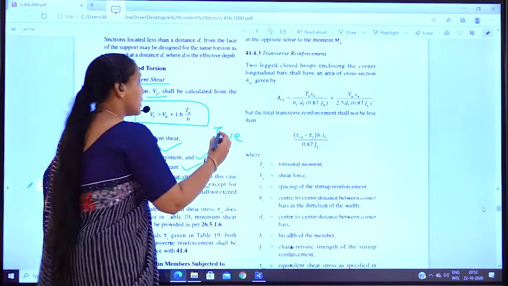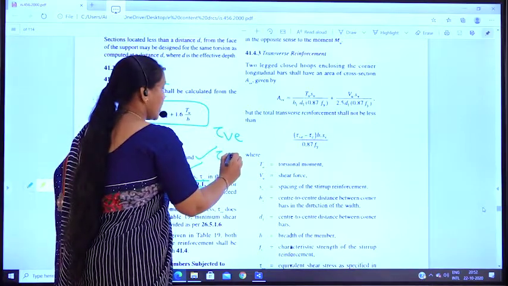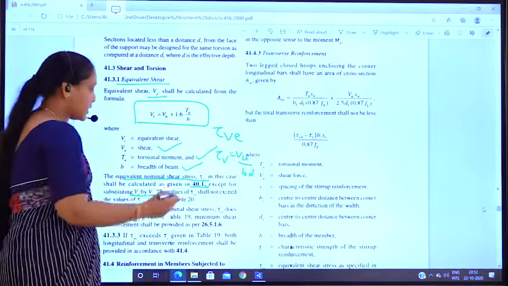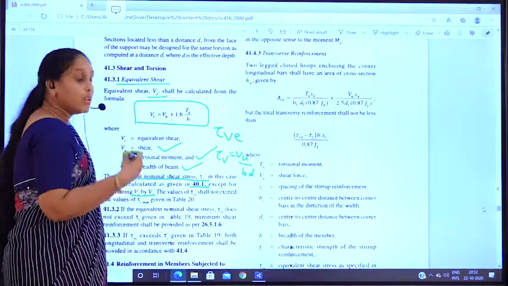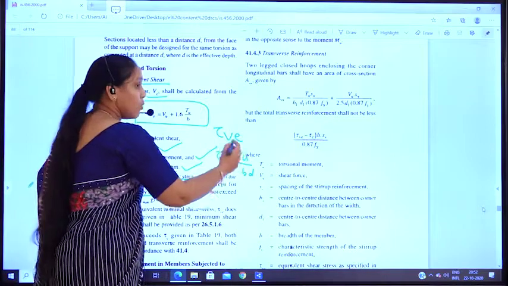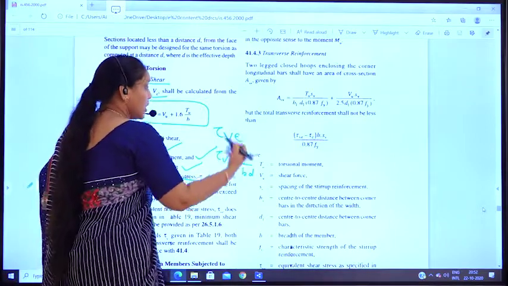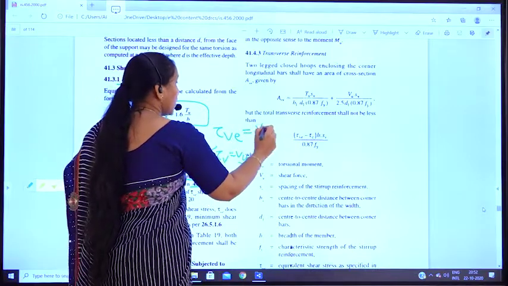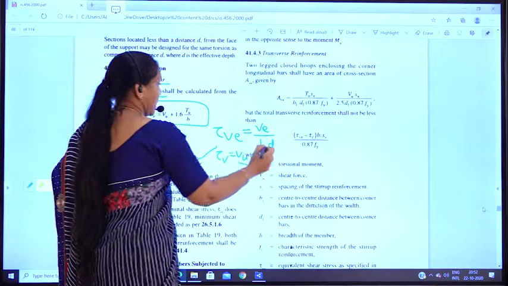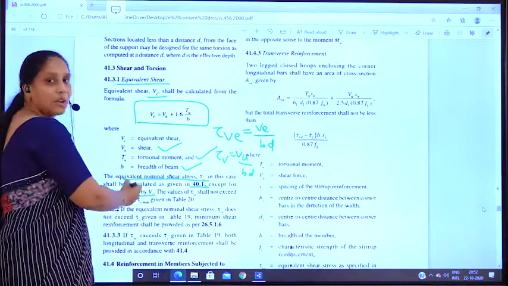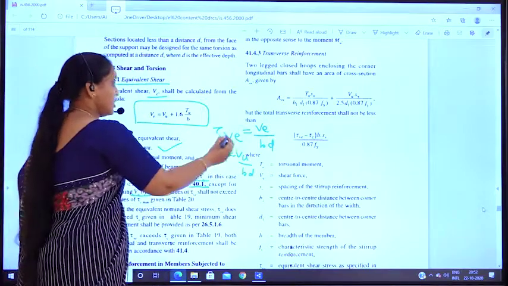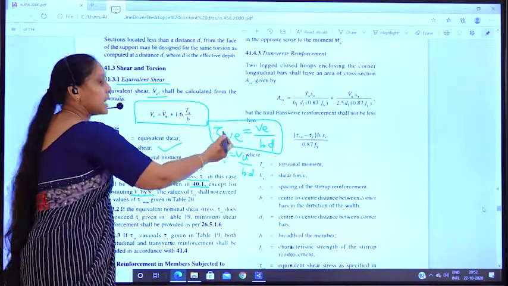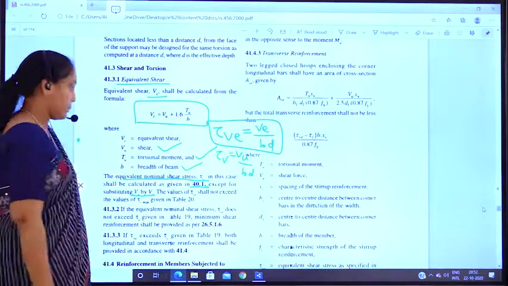The formula given there is tau V is equal to Vu by BD. So in place of Vu we use VE: tau VE is equal to VE by BD. This is the equivalent nominal shear stress tau VE. So after calculating VE, we have to calculate tau VE.